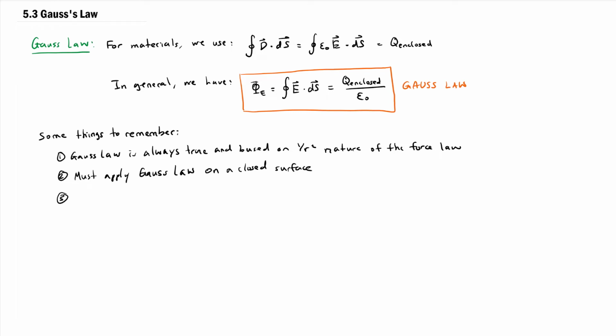Number three, the electric flux is always equal to Q within a closed surface, and the net flux is zero outside the surface.